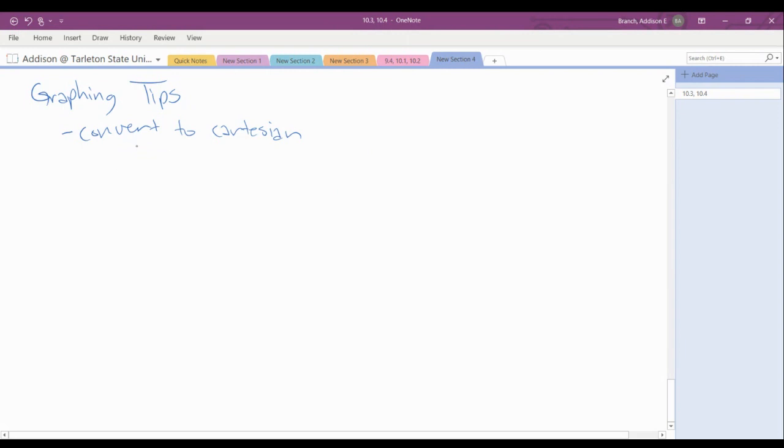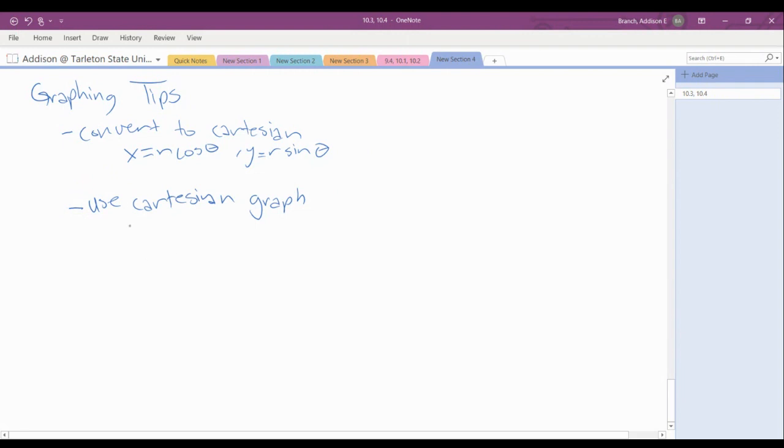When I say convert to Cartesian, I mean using x is equal to r cosine of theta, y is r sine of theta. There is another method we can use, using a Cartesian graph, but what we're not doing is trying to convert completely.